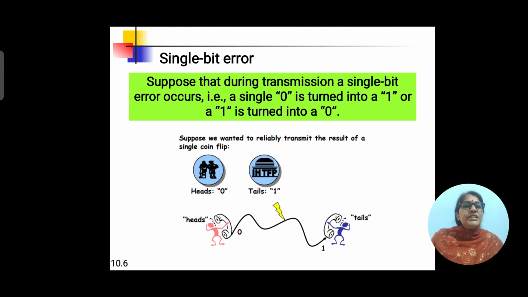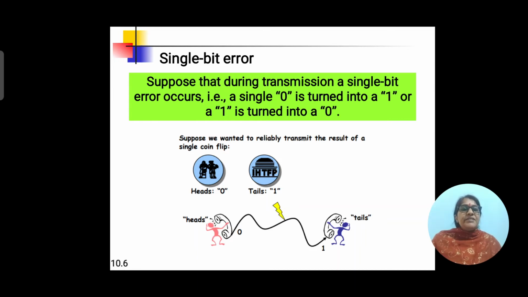Suppose we wanted to reliably transmit the result of a single coin flip, that is heads. In this picture we are saying heads is 0 and tails is 1. One person took the heads and the second person took the tails. The one who took the heads is nothing but 0 and tails is nothing but 1.